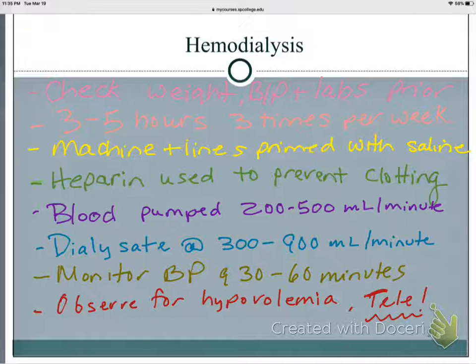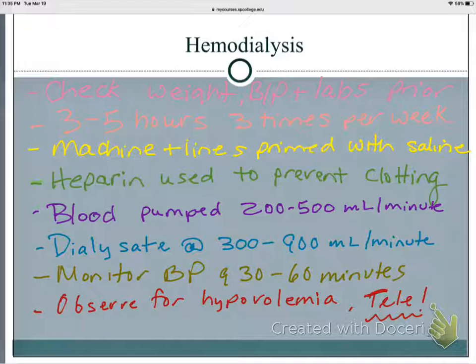So for dialysis, we just want to make sure we're checking our weight, our blood pressures, and our labs. And generally, people get hemodialysis 3 to 5 hours, 3 times a week, like we talked about. They prime the machine with saline. Again, they use heparin to prevent clotting in the machine.